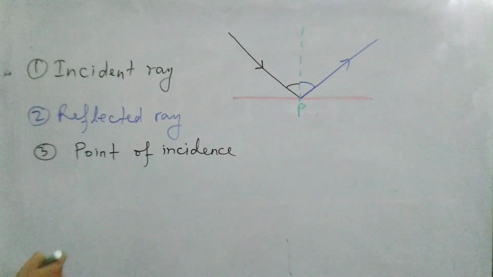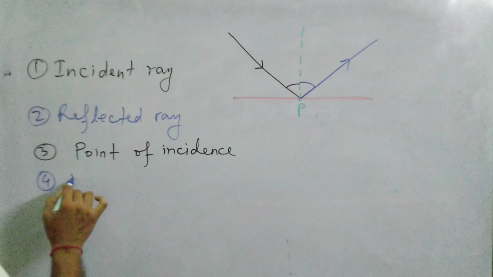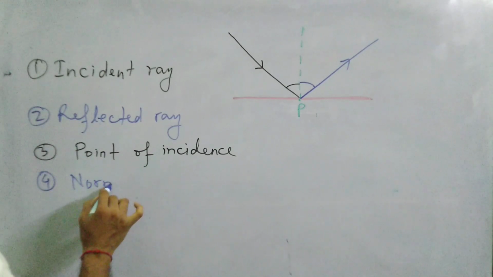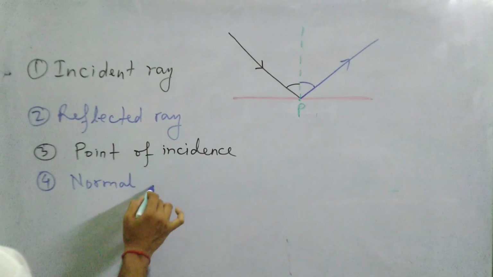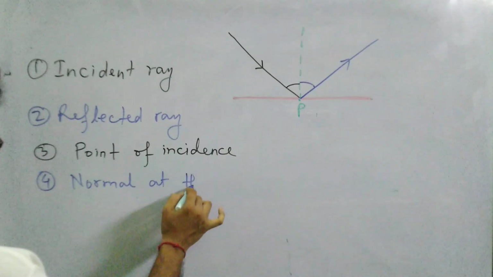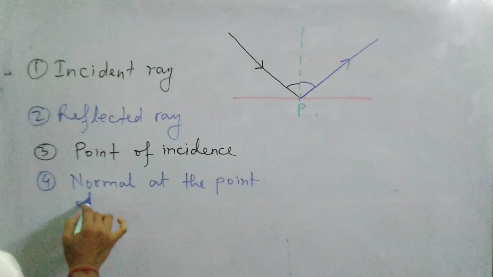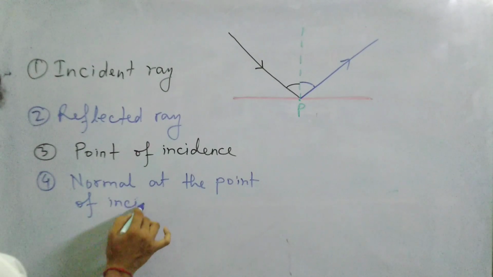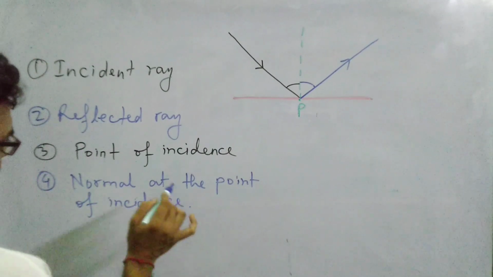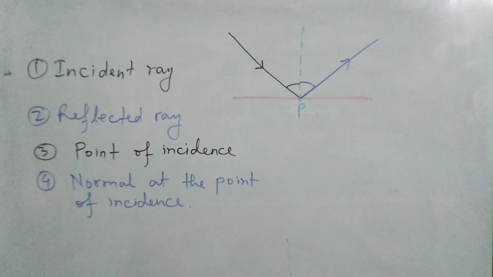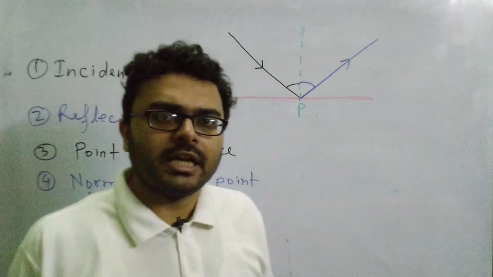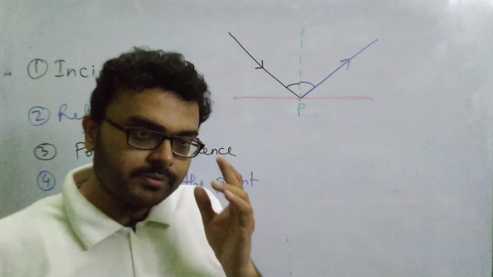The fourth definition is the normal at the point of incidence. So what is the normal at the point of incidence? It's an imaginary perpendicular line drawn at the point of incidence.